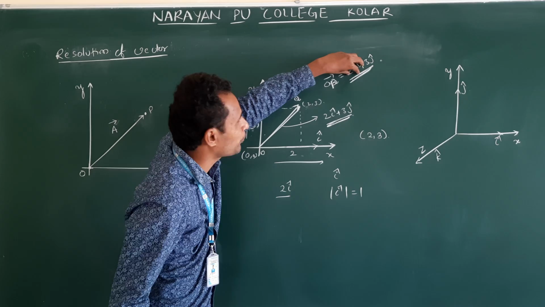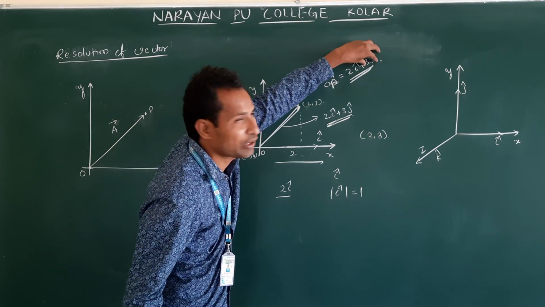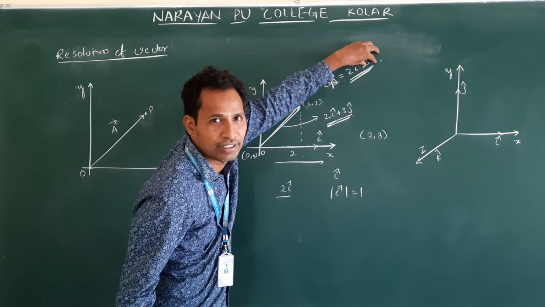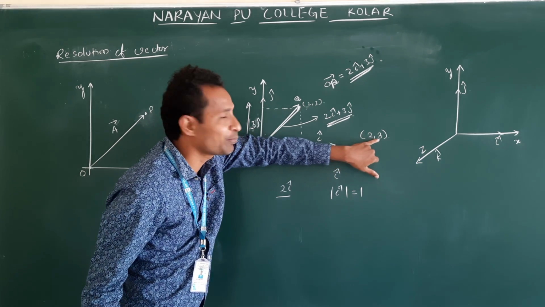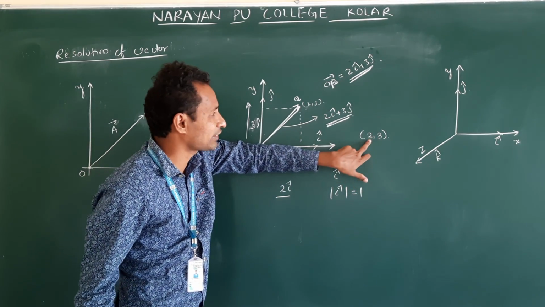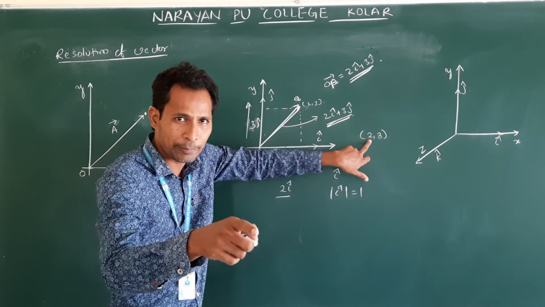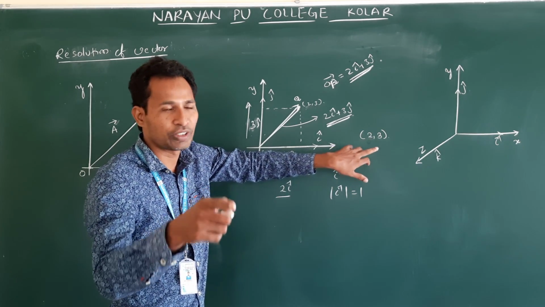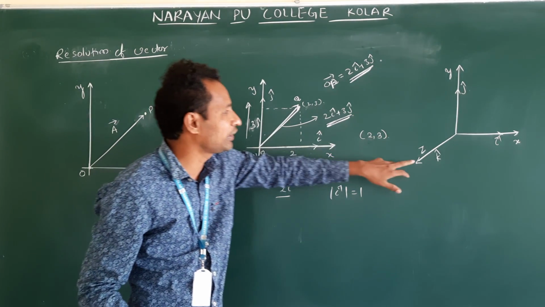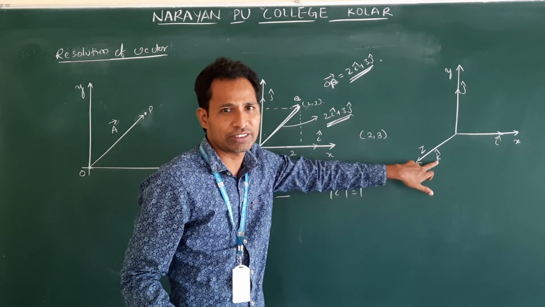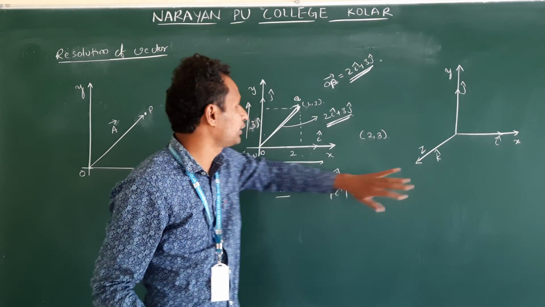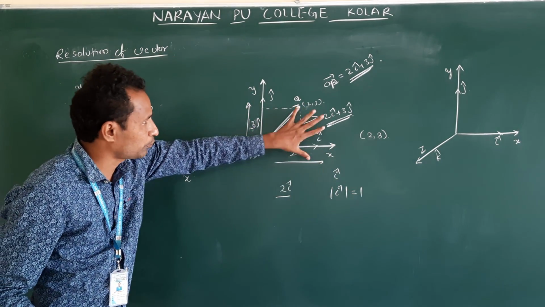It has one component along the x-axis, another component along the y-axis. In mathematics, simply 2 comma 3, but in physics, with magnitude, we will give the direction: 2 I cap and 3 j cap. If you have a third coordinate, then we will represent it with k. Understand? Now keep these points in your mind.